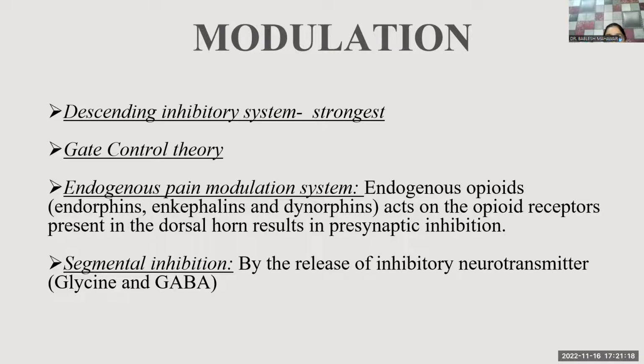The first mechanism is the descending inhibitory system. This is the strongest modulatory system in our body. The action potential comes again to the dorsal horn, and at the dorsal horn two receptors are there, noradrenaline and serotonin, and these get activated.